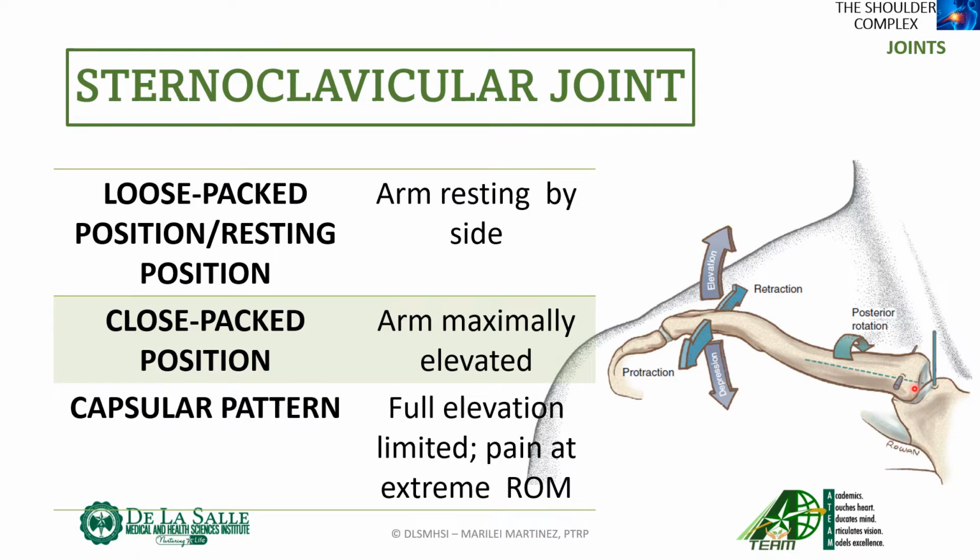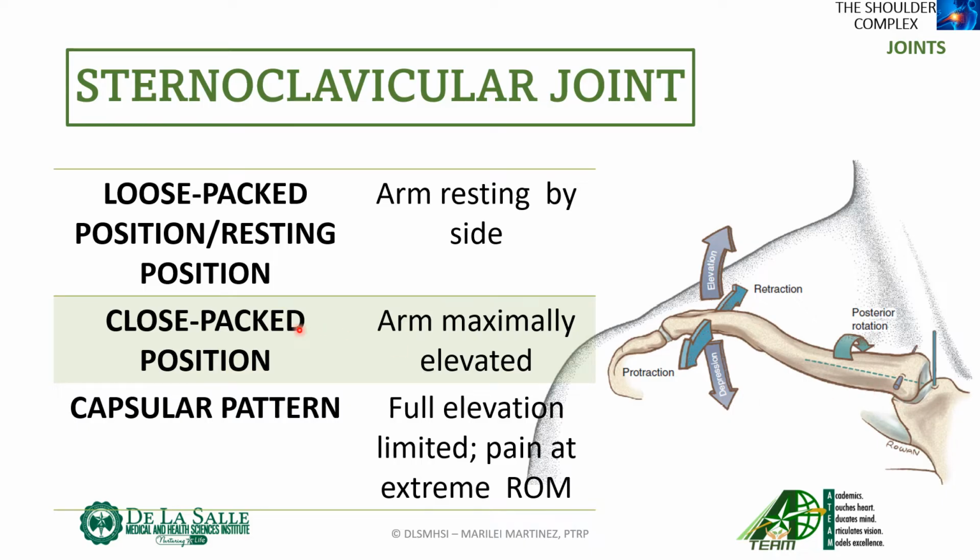To add, your open pack position or resting position or loose pack position is most of the time the initial and also the most common position for treatment using joint play mobilization. Joint play mobilization is one of the manual techniques that we do as physical therapists to increase mobility of the joint, therefore increasing range of motion.